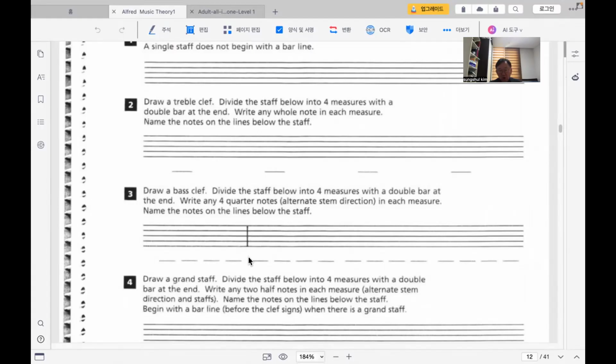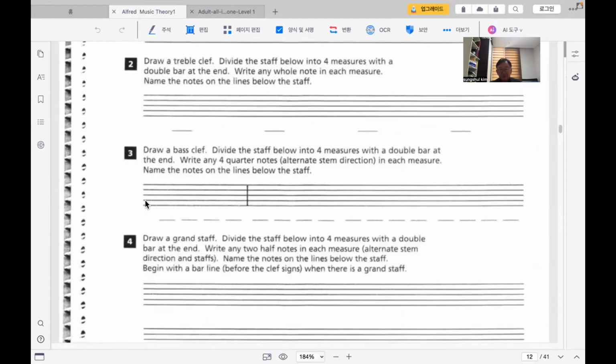Same: 1, 2, 3, 4, double bar in here. Write any 4 quarter notes, 1 beat in each measure. Name the notes on the lines of the staff. For bass clef, any 4 notes are okay.